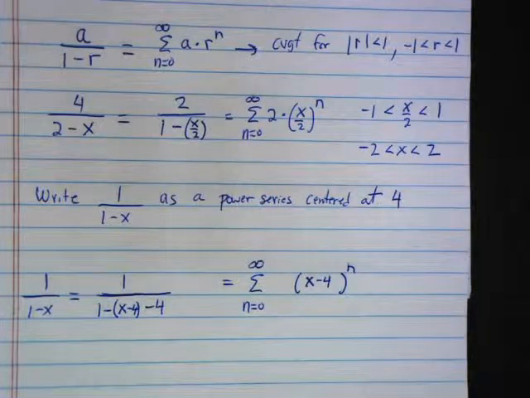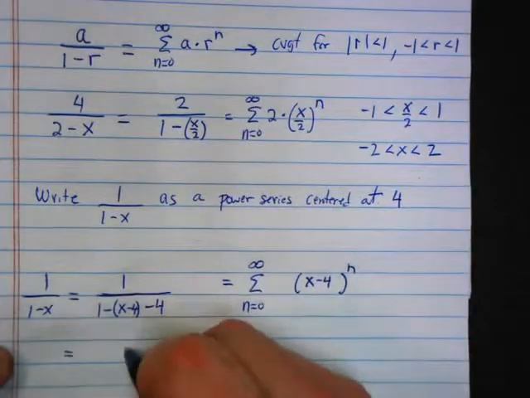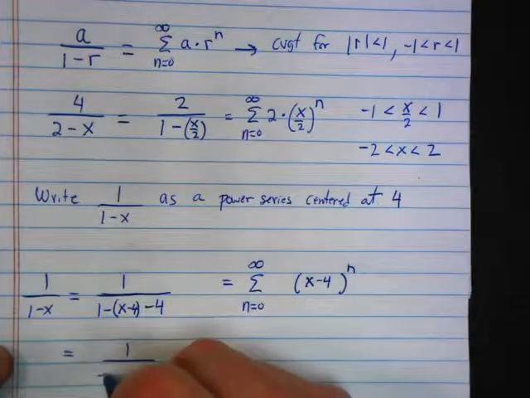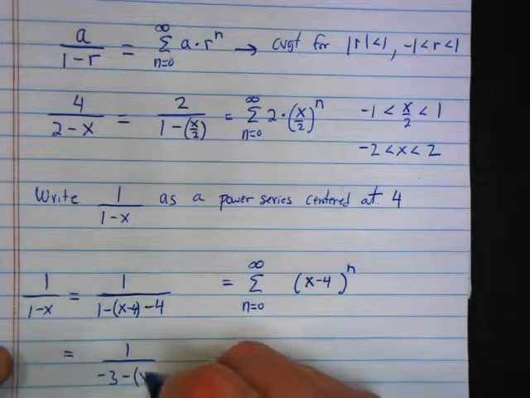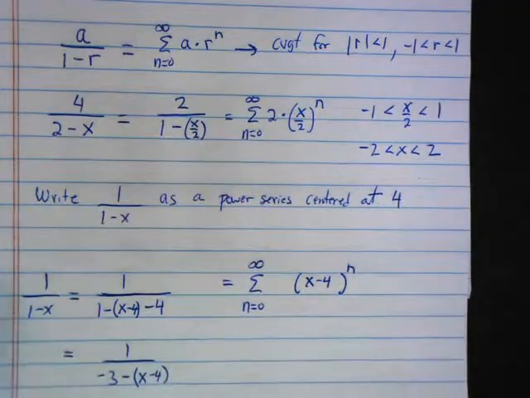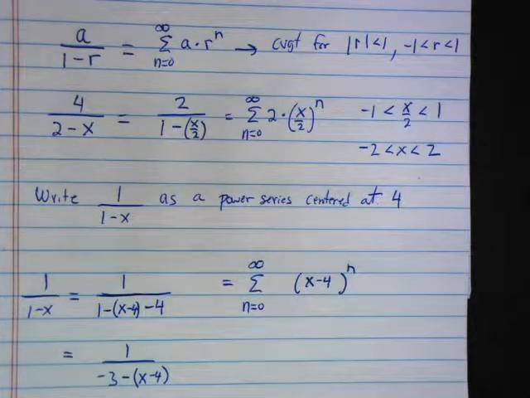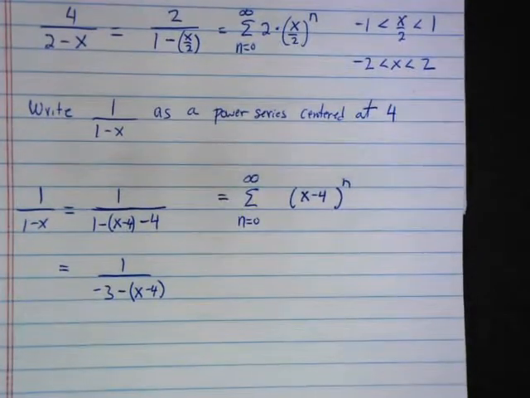Okay, so you start by making your centering correct. And then you got to simplify. So this is 1 over negative 3 minus x minus 4. I combined 1 and negative 4 and made negative 3. Almost done. What do I have to do now? Divide by 3? Close. Further away.